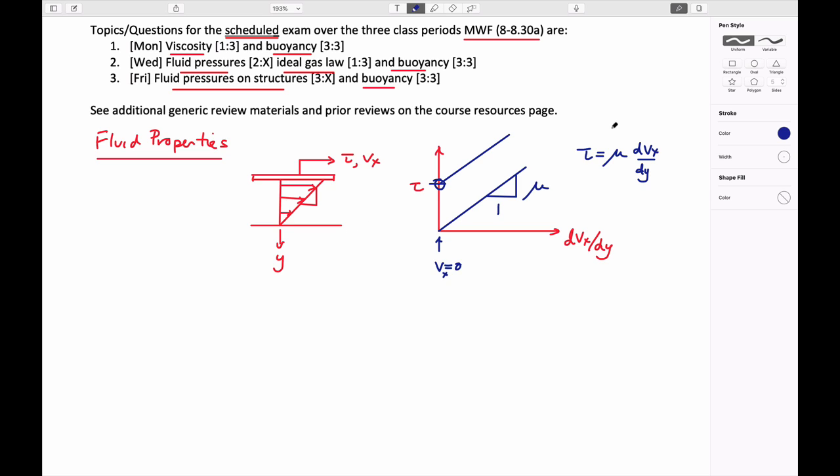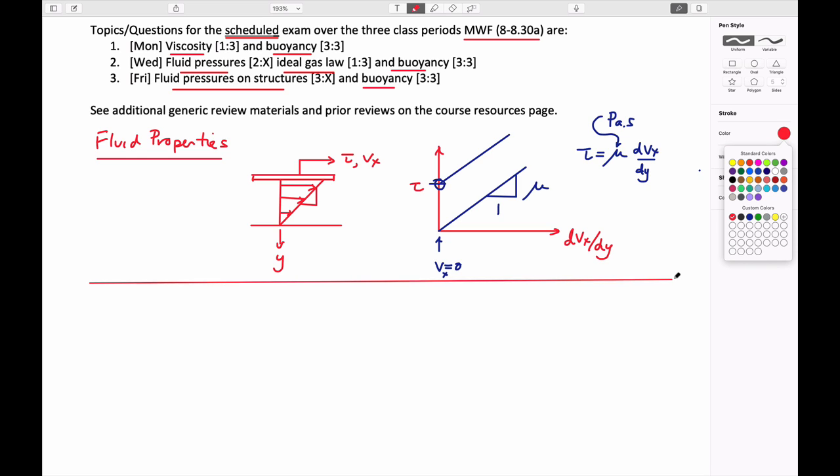Units of viscosity, of course, are Pascal seconds, or newton seconds per meter squared, by definition. Okay, so fluid properties in terms of viscosity. Fluid pressures.